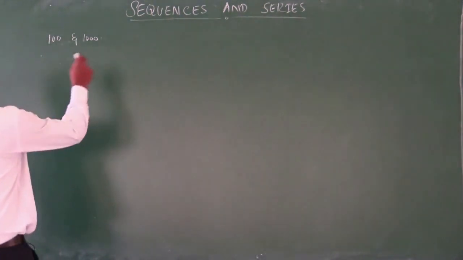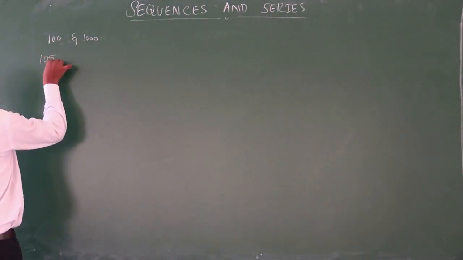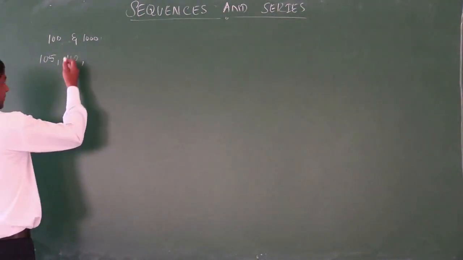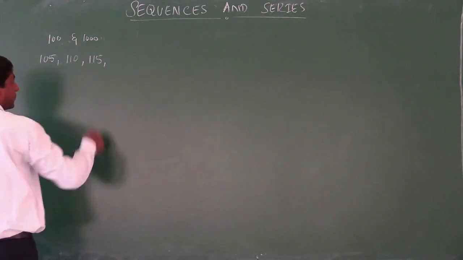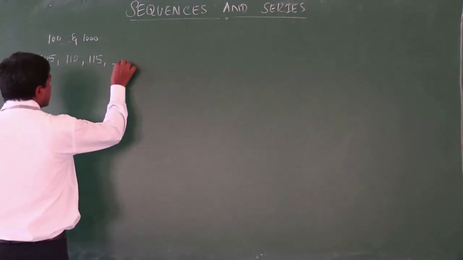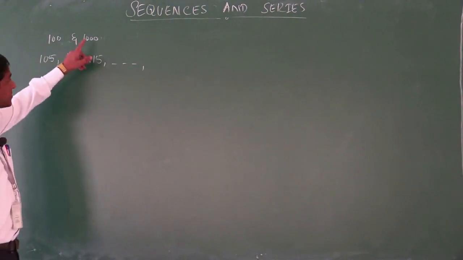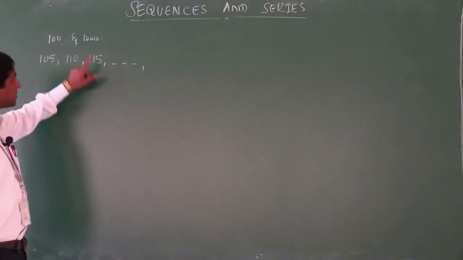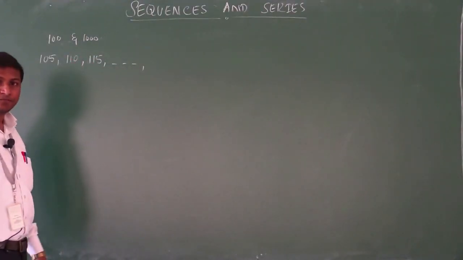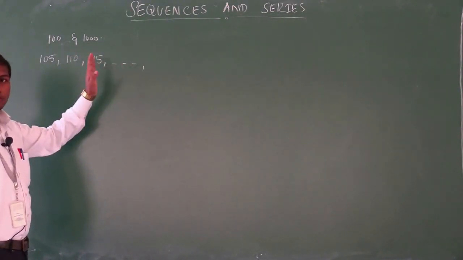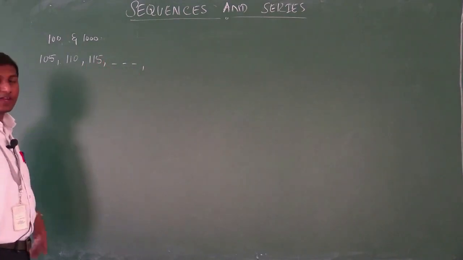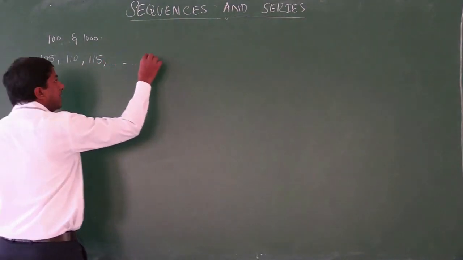Then, which is the second natural number? After 105, we have 110. After 110, we have 115, and so on. Which is the last number which is a multiple of 5 and lying between 100 and 1000? Correct. It is 995. One before 995 is 990.